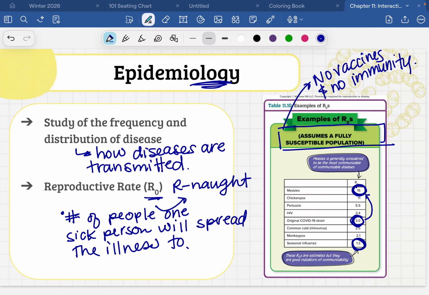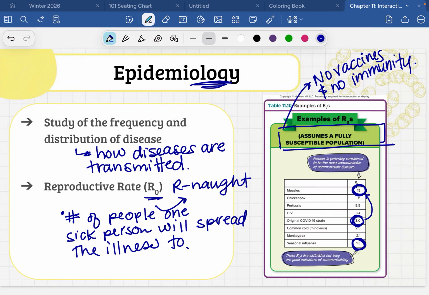And if you want to look at this in terms of which one is the most infective, because you can kind of relate this reproductive rate to infectivity, because infectivity is how capable this organism is of spreading.